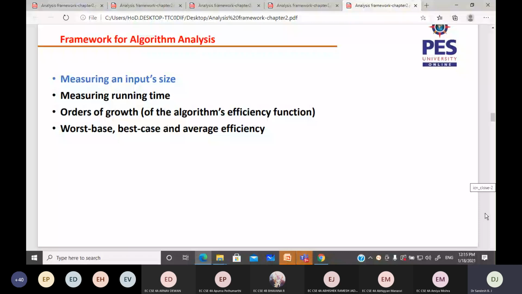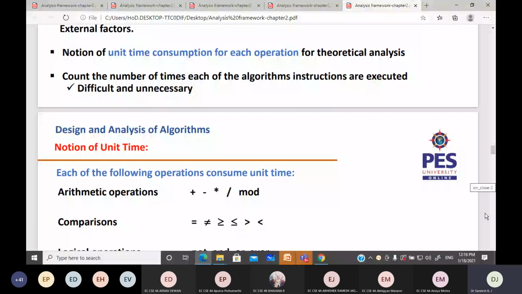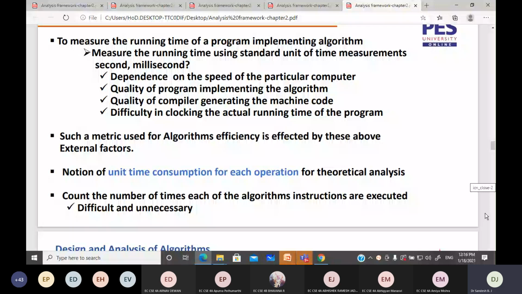Then we talked about what is the unit of measuring the running time. We thought about including seconds or milliseconds. Then we said it is not easy to do that because when you are trying to run the program on a particular machine, the time analysis depends on a lot of external factors.